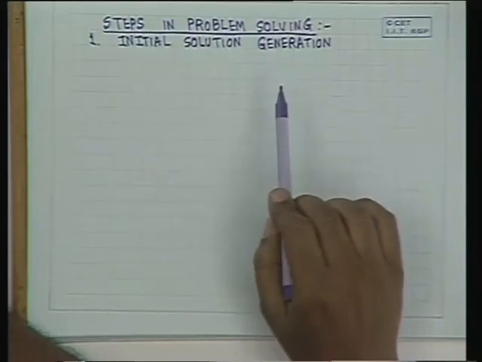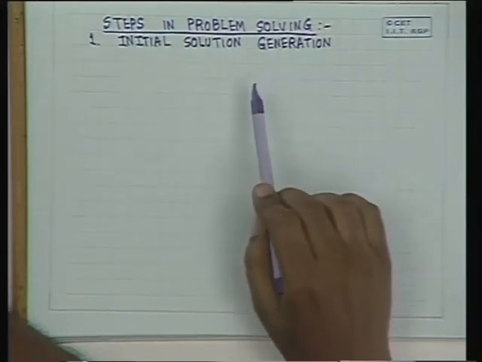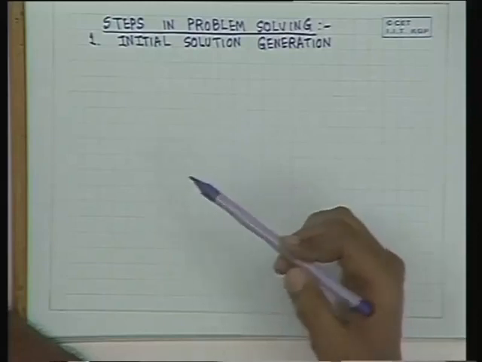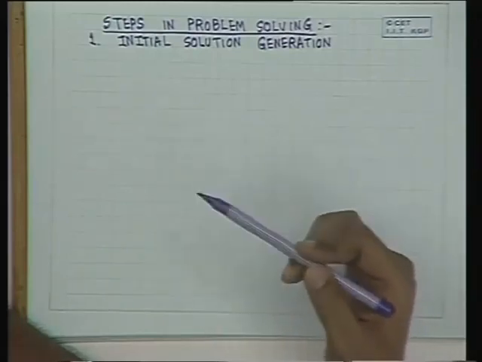And at this point in initial solution generation, there is something called inherent solution in a person's mind. That is, you must be able to solve this problem in your own mind before you can really solve it on the computer. Now, solving it in your own mind is something which is vague, and in order to make it more concrete, we would say we need to decompose the problem in some way.